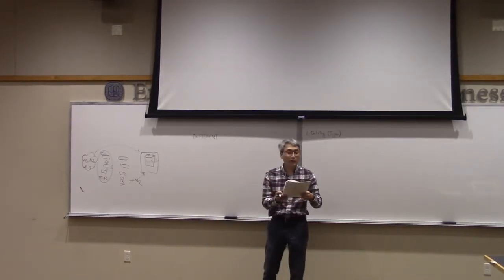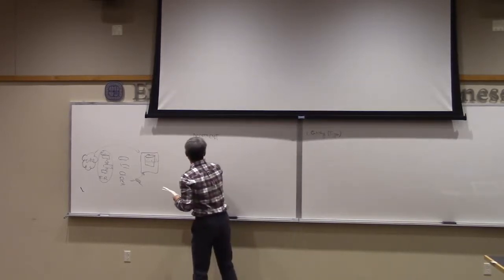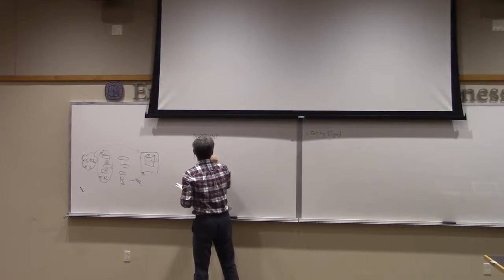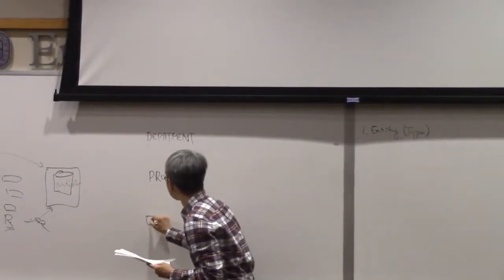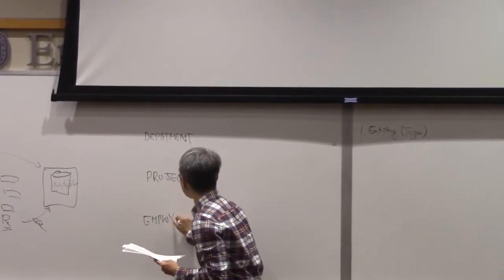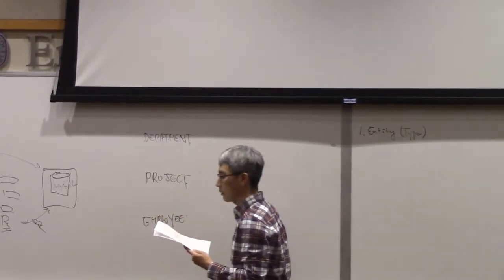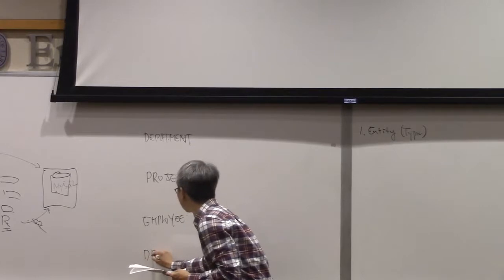What other entity types can you find from the company? Project. That's what we find. Project. And employee. And also dependent.